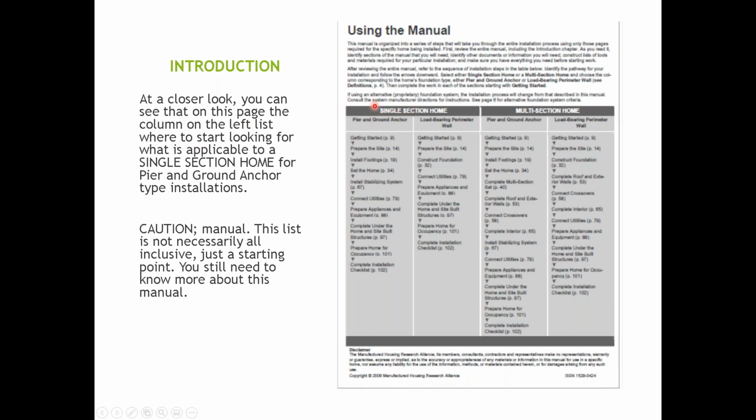You can look here on the left side, for example, here's a single-wide section, pier and ground. It says getting started is on page 9. And if you just read this here, you could probably get about 85% of what you need to know.